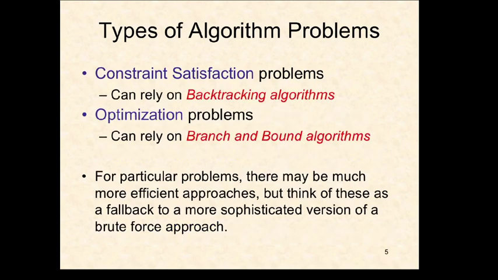Now, we can rely on these two different algorithm families of backtracking and branch and bound for these two different types of problems if we can't find something better. So, for example, with MST, we don't have to do branch and bound to do MST.